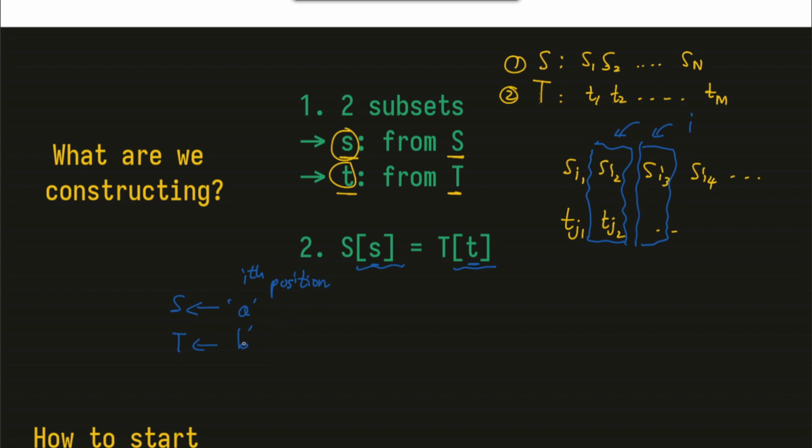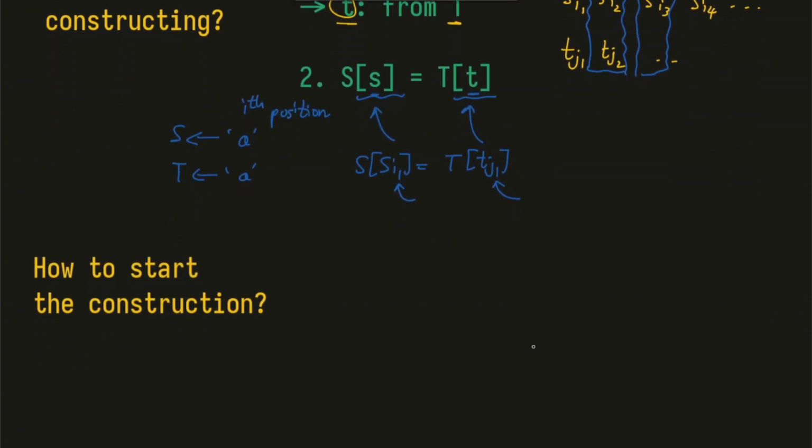The characters should be the same, which is the same as saying that S of I1 should be equal to T of J1, for all of these subscript values, whatever the length of that subsequence may be.